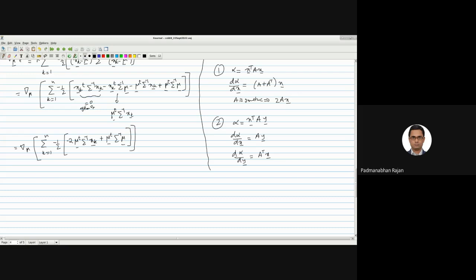Is it clear what I did? I just combined these two terms here, and the first one I've ignored because its derivative is 0.